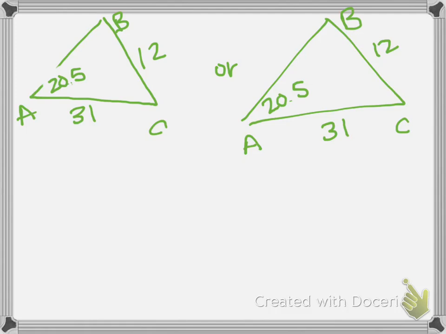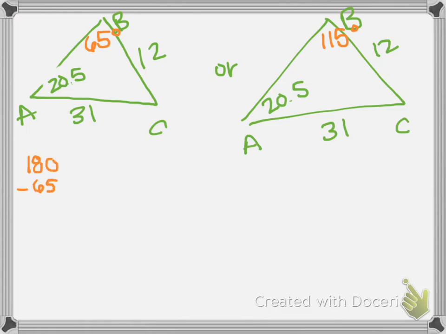Alright, now we're ready to check and see if these work. So again, I drew two triangles, the exact same triangles. These are the angles and the side lengths given in the problem. The first answer I got was 65 degrees. And the second answer that I got was 115. Now, what you'll notice about this is that both 115 and 65, if I use my triangle sum property, will work.